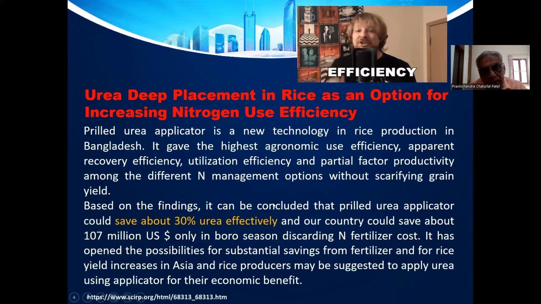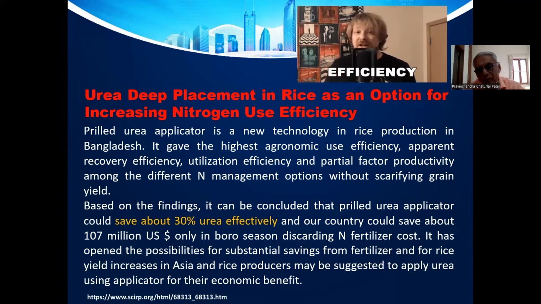Based on the findings, it can be concluded that the urea applicator could save about 30% urea effectively. Suppose you use 100 kg nitrogen, then you require only 70 kg urea. So the efficiency has increased, and our country could save about $107 million in the Boro season alone on nitrogen fertilizer cost.